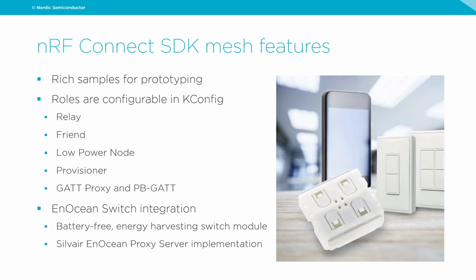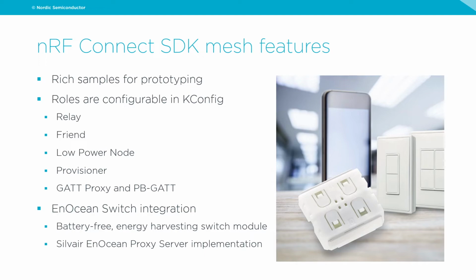We also have supported for a long time the Enocean switch. So that's an implementation that can receive messages from the switch that you see in the picture. Those are battery-free energy harvesting switch modules, and they actually take the energy from the push of the button, and that allows you to send a series of 5 messages to a network to control lights.